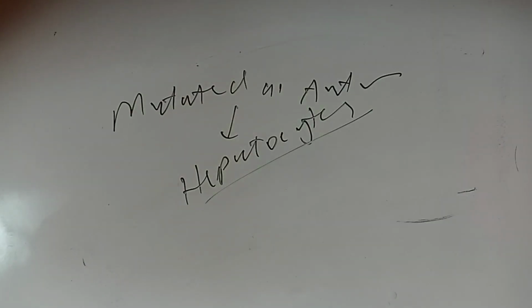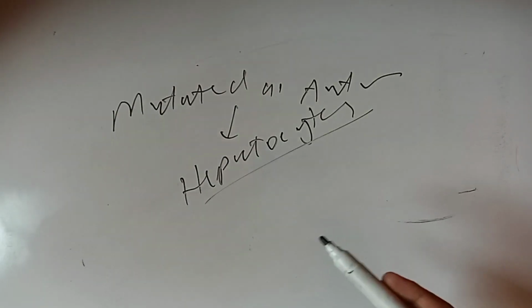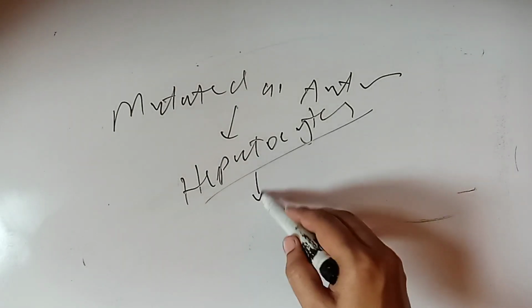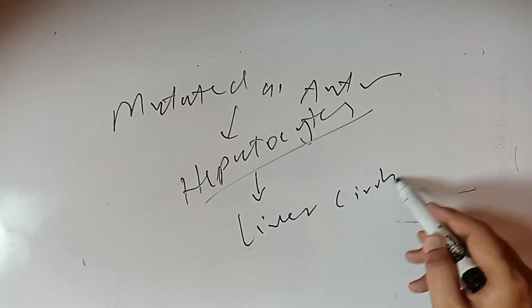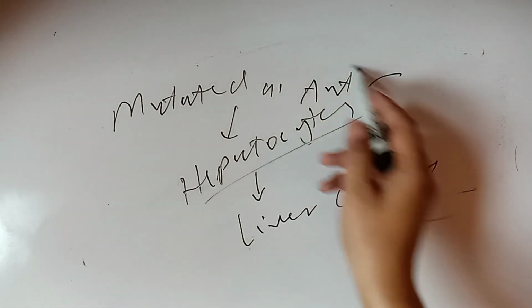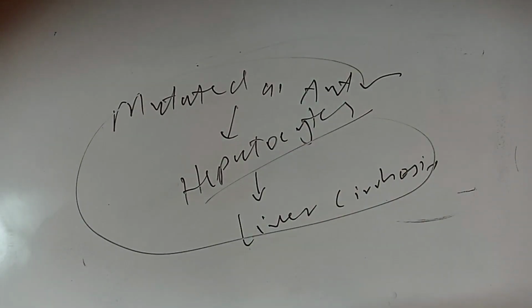So the mutated alpha 1 antitrypsin accumulates in the hepatocyte and damages it, which can lead to liver failure or liver cirrhosis. This condition arises when the patient is homozygous for the defective enzyme, or has both alleles defective, or both genes for alpha 1 antitrypsin are defective.